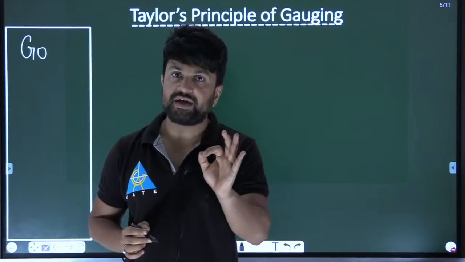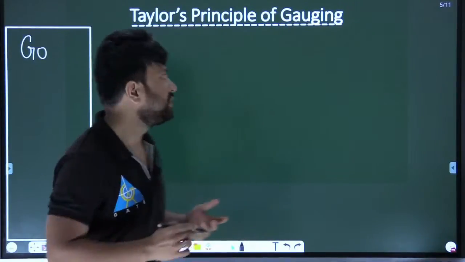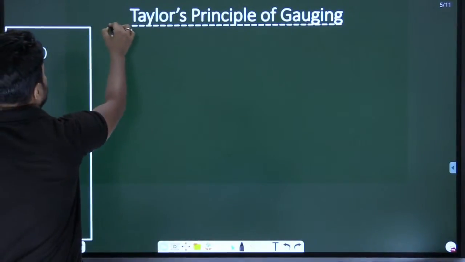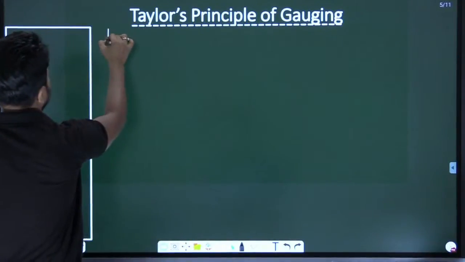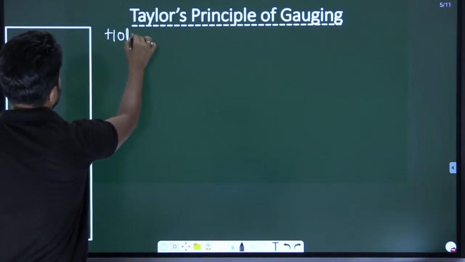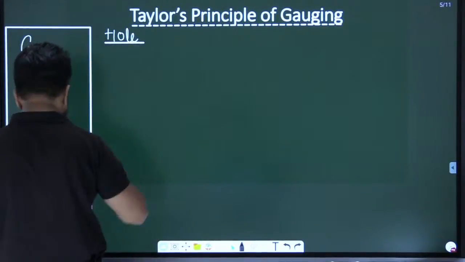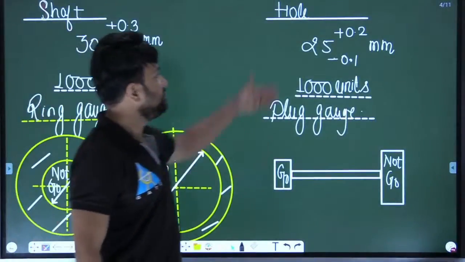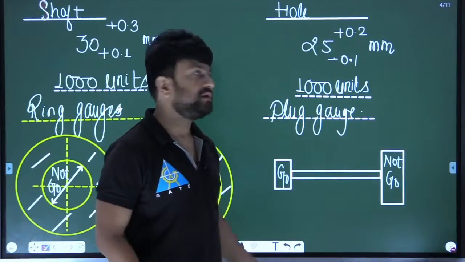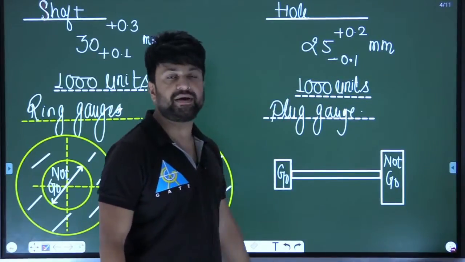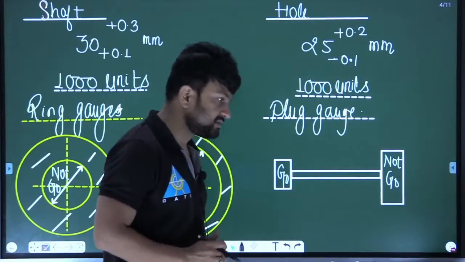Suppose your product is a hole. Tell me, in which size of the hole is the material maximum? Is it 25 minus 0.1, the minimum size?